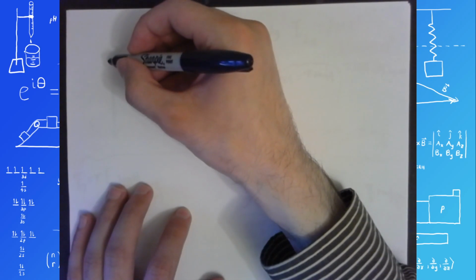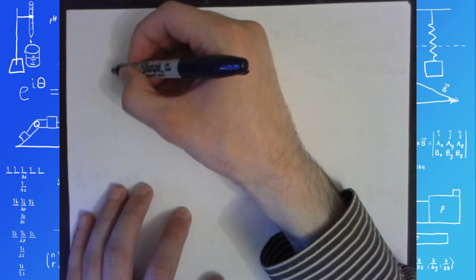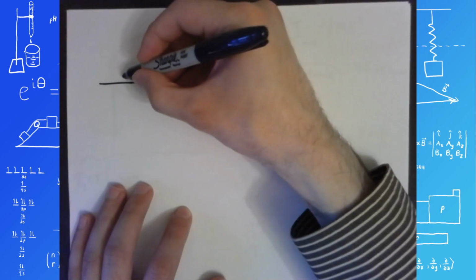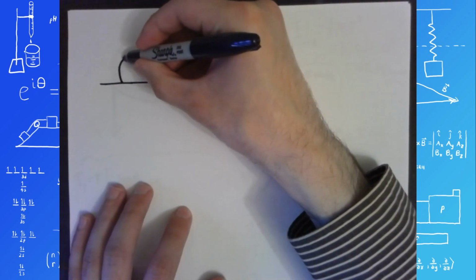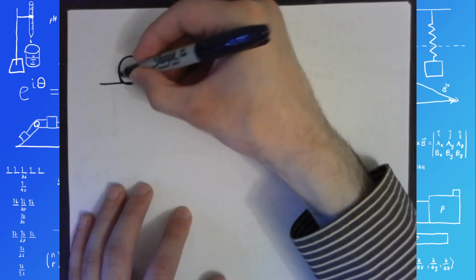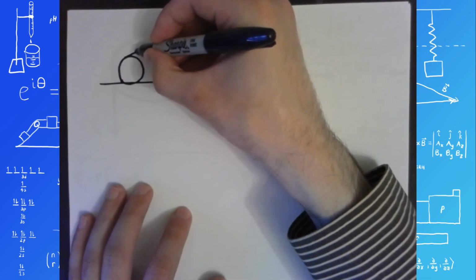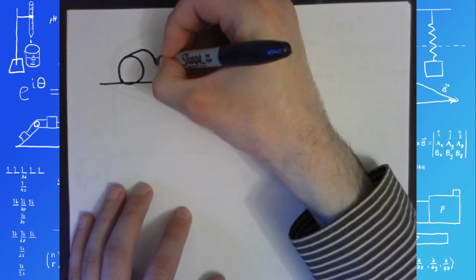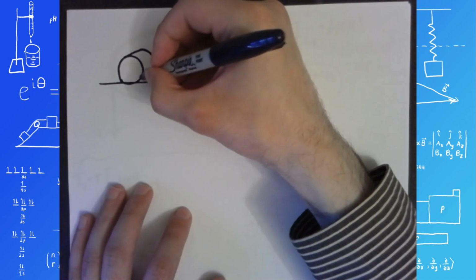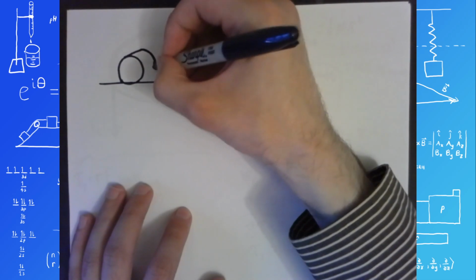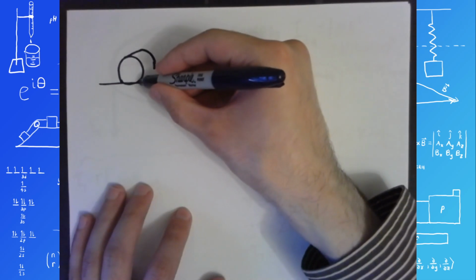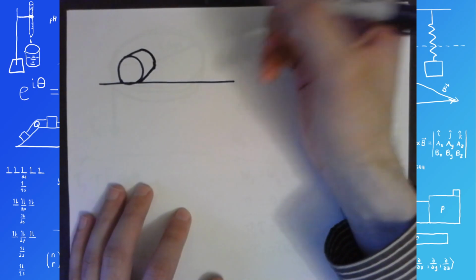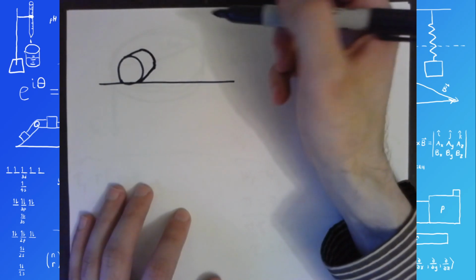All right, so we have a cylindrical object, something like maybe a can. Let's see, how do I want to draw this? Something like that. It's rolling along the ground.